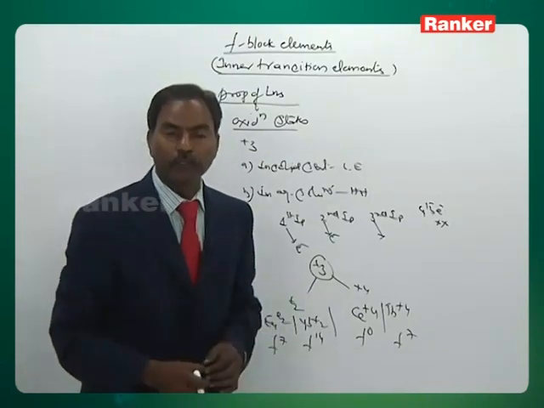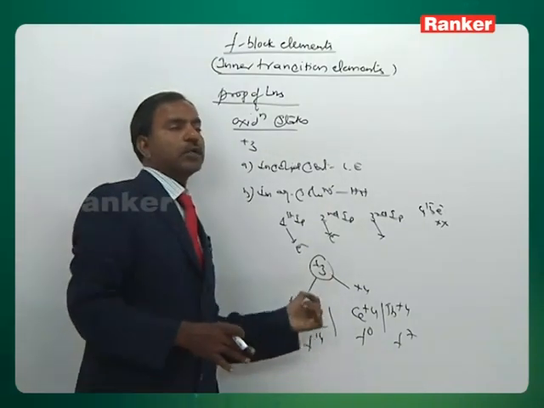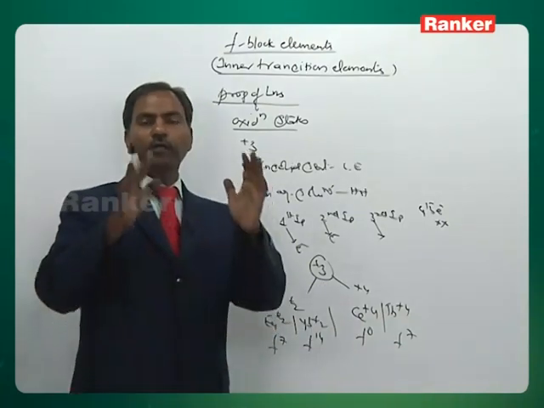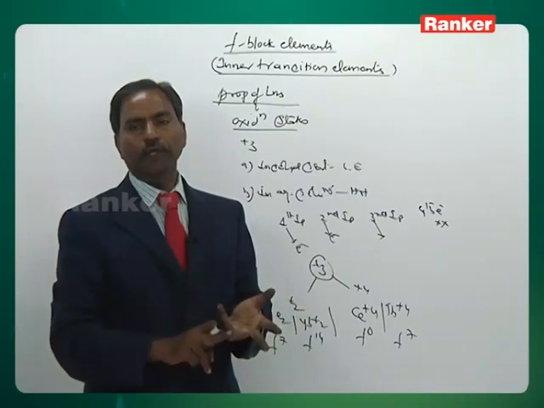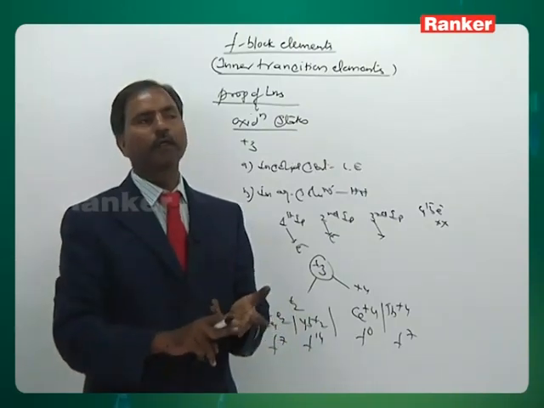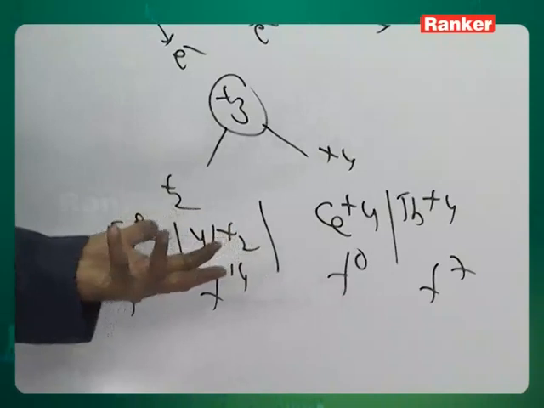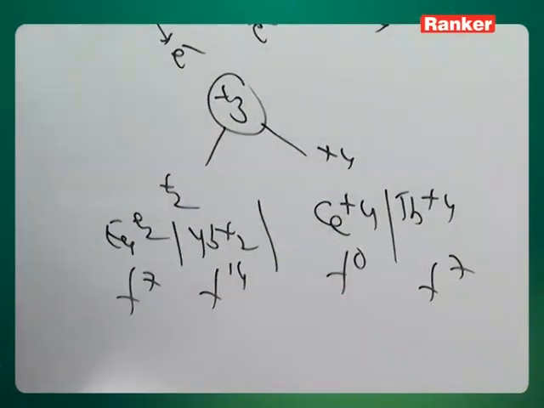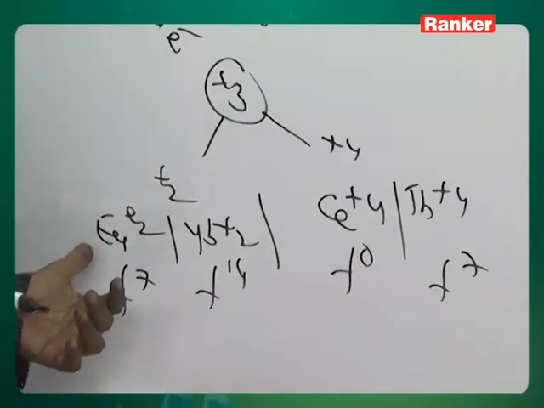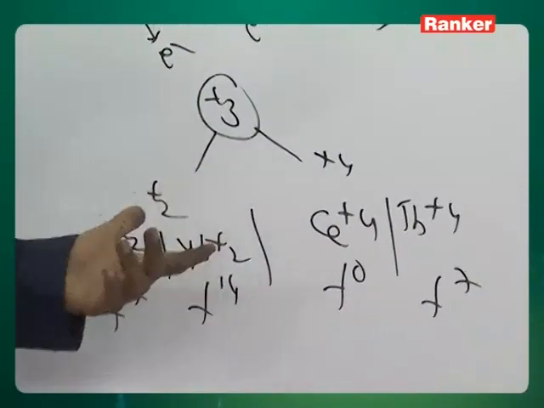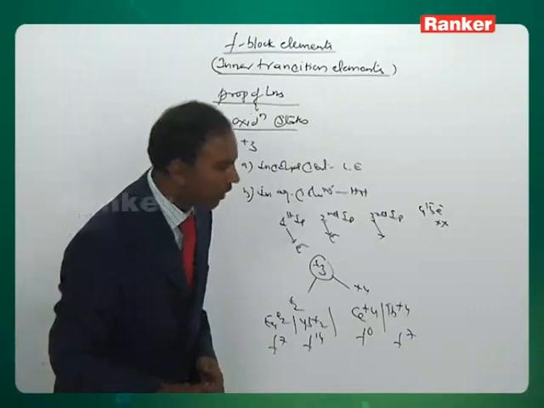Why? In their +2 and +4 oxidation states, they gain the stable F0, F7, or F14 electronic configurations.